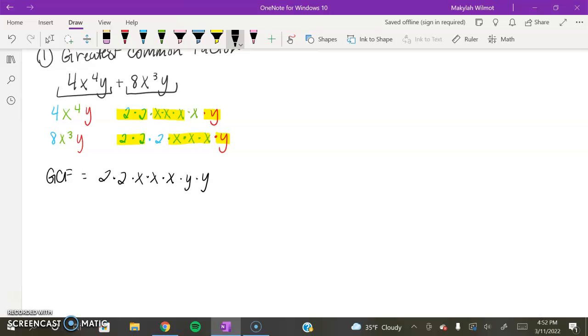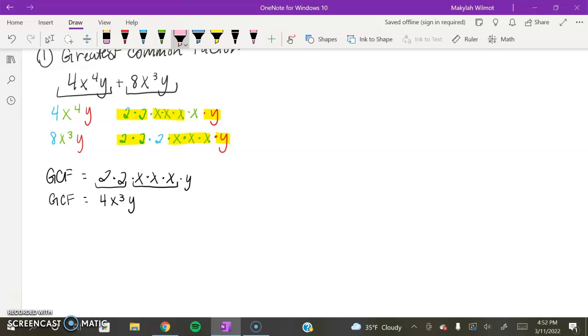So the GCF, once it's all simplified, would be 4, the x's, and then y. It would not be y times y. Sorry, there's only 1 y out of each thing.